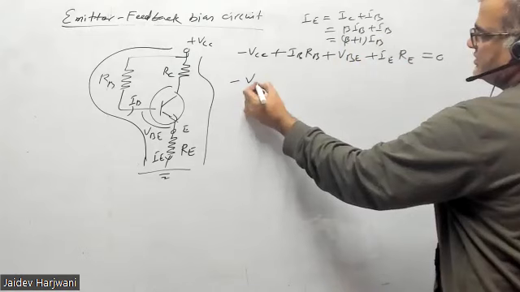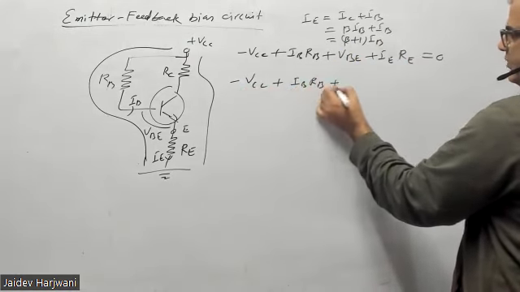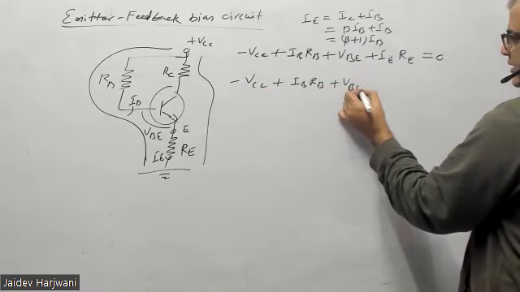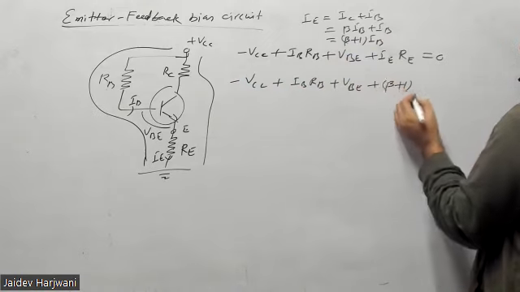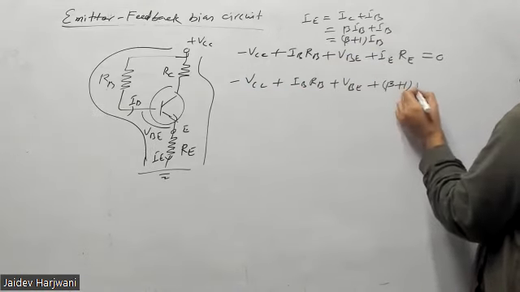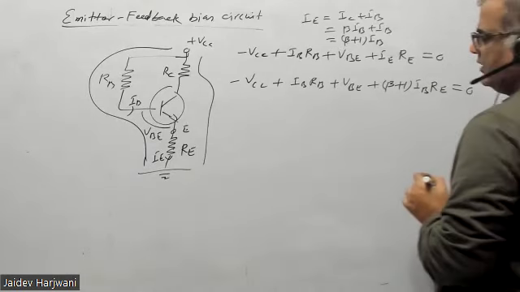This becomes minus VCC plus IB RB plus VB, and this will become beta plus 1 IB RE equals 0.